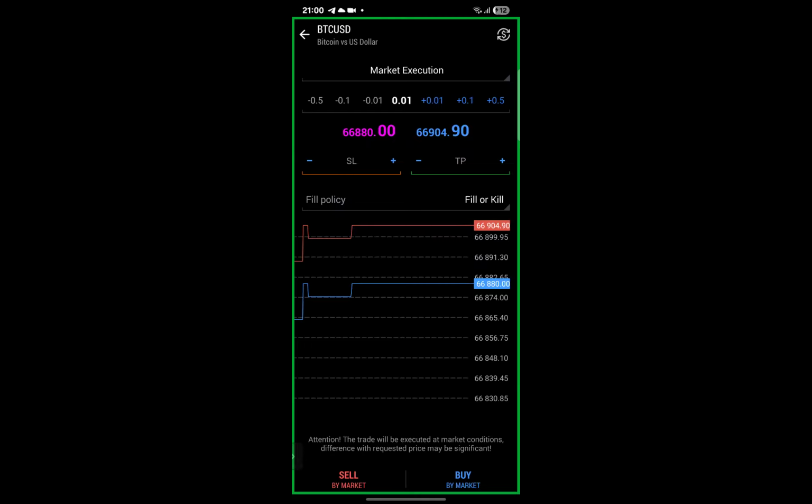Okay? Now, the next thing you can see on your screen is this 0.01, 0.1 stuff at the top of the screen. It looks confusing. That's called your lot size. Your lot size is basically your risk on the trade. That's what you use to determine how much you want to risk on a trade. If it's HFX, they will ask you how many percent of your account you want to risk.